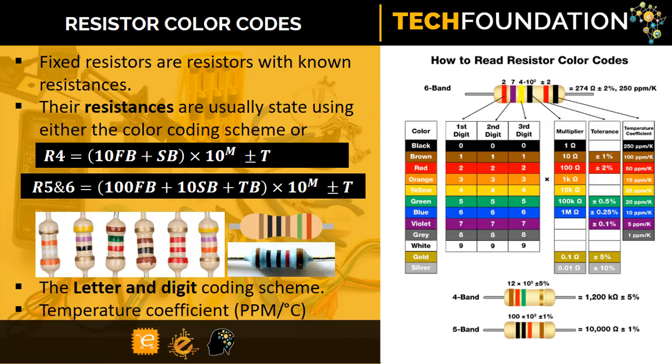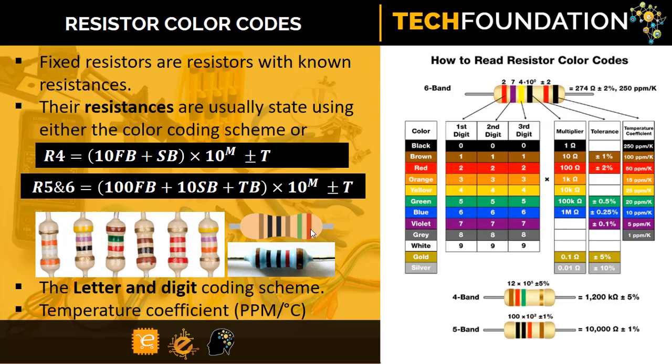Then finally we have the 6 band resistors. That is quite tricky, but if you look at this, we have 1, 2, 3, 4, 5, 6. Okay, and then the 6 band works the same as the 5 band resistors, with the exception that here the last band actually gives us information about what we call the temperature coefficient of resistance.